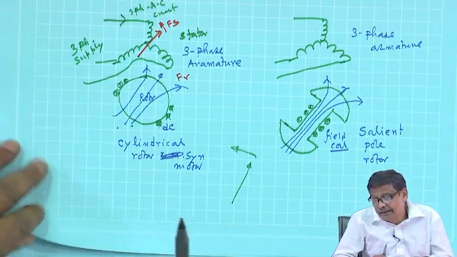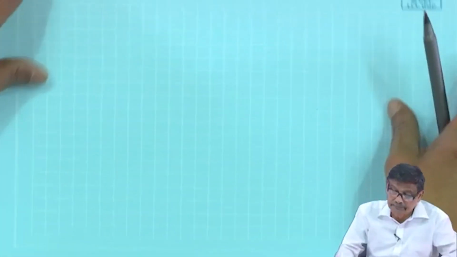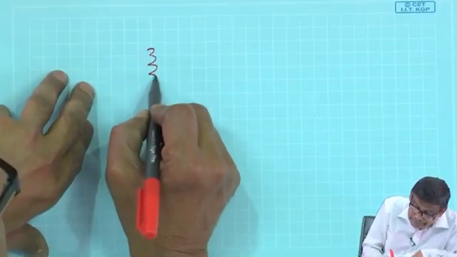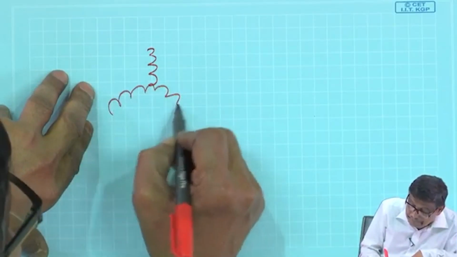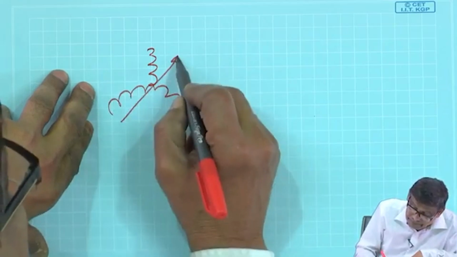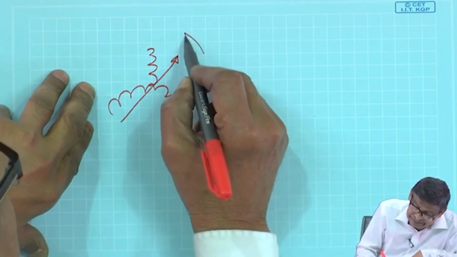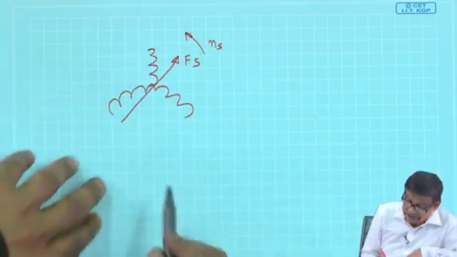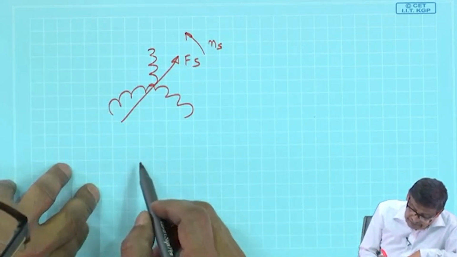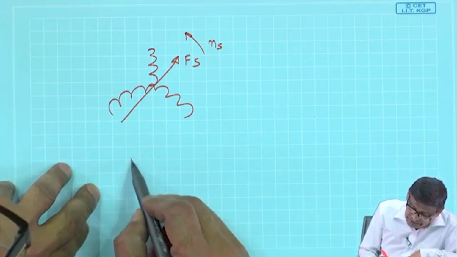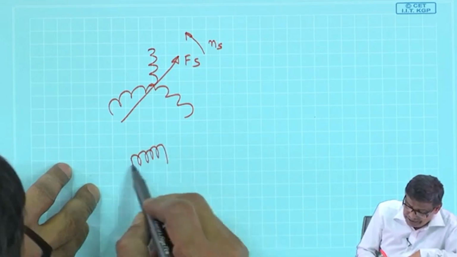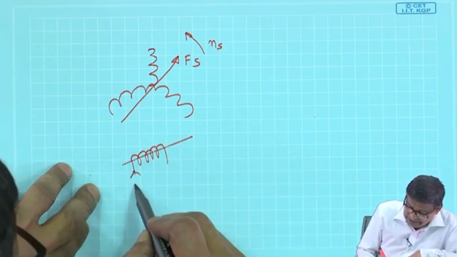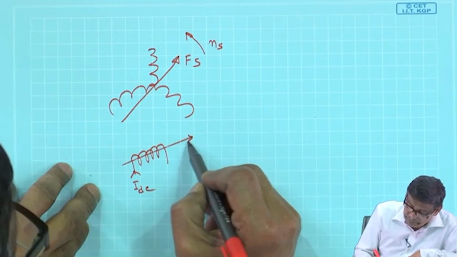However, if I say that the stator field is moving with a speed ns decided by supply frequency, and the rotor field, I will not draw that elaborate thing. A coil is there, a magnet, DC, IDC, rotor field.